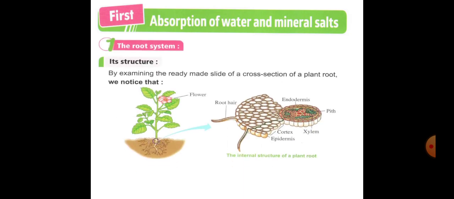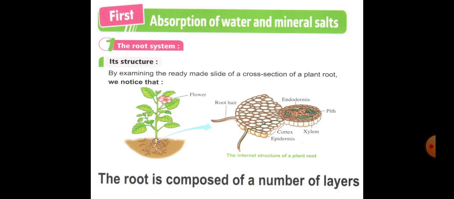If we are talking about the root system, by examining the ready-made slide of a cross-section of a plant root under the microscope, we can notice that there are a lot of layers inside the root.